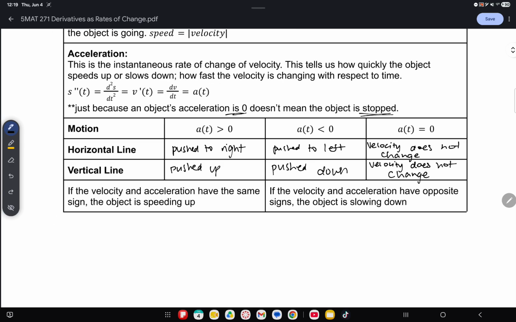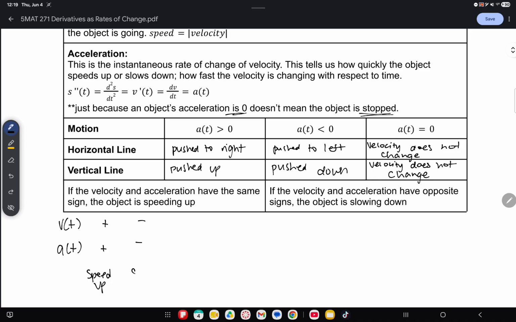Okay, if the velocity and acceleration have the same sign, then we are speeding up. If the velocity and acceleration have opposite signs, we are slowing down. So if velocity is positive and acceleration is positive, then we're speeding up.